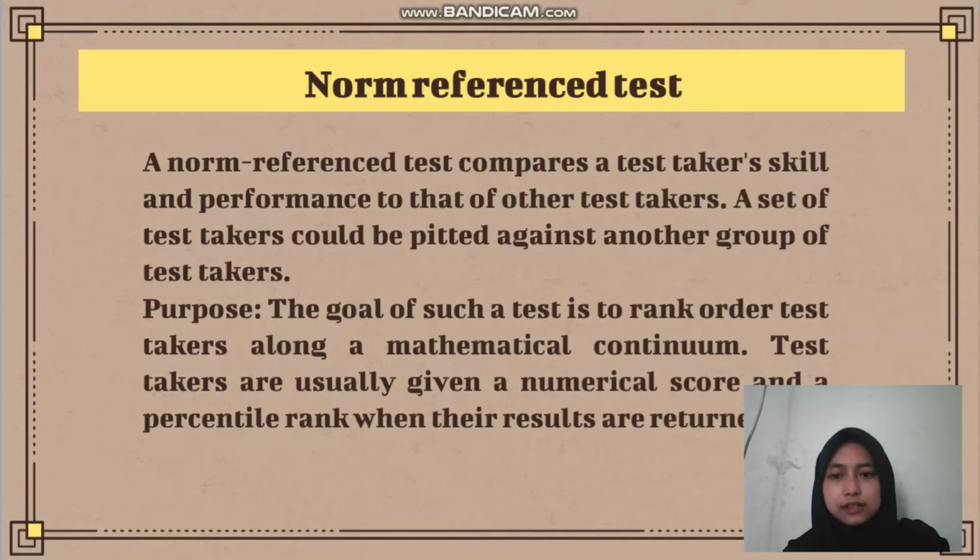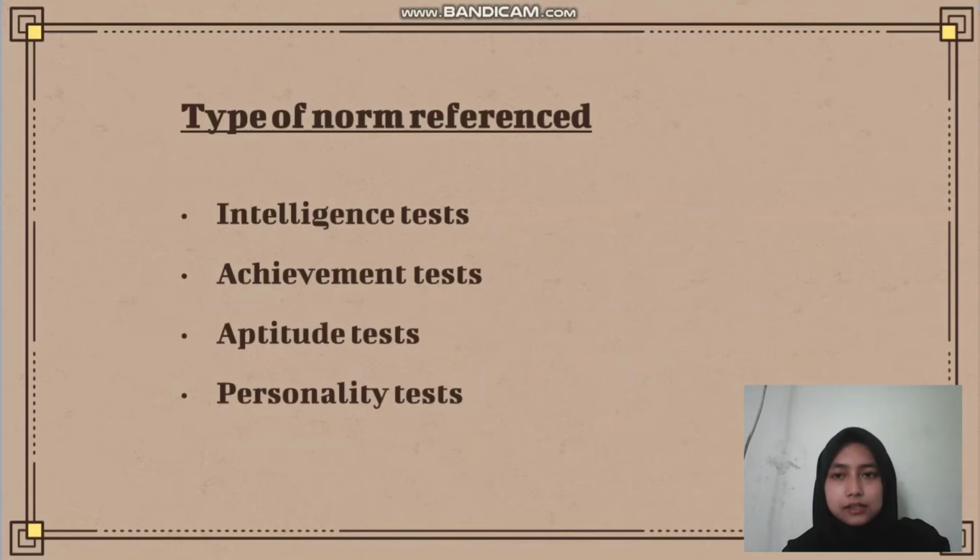The goal of such a test is to rank test takers along a mathematical continuum. Test takers are usually given a numerical score and a percentile rank when they get a result. The types of norm reference tests are intelligence test, achievement test, aptitude test, and personality test.